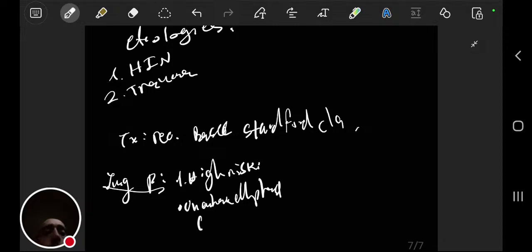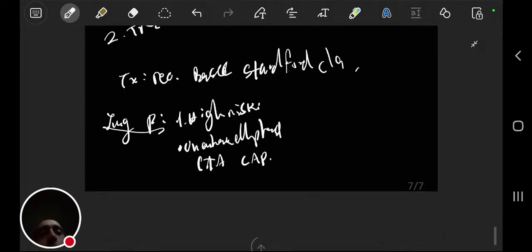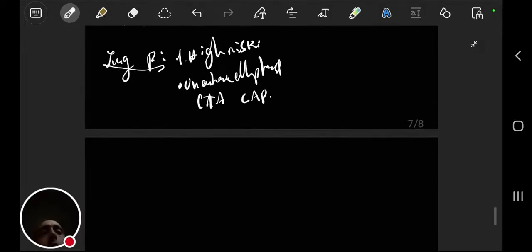After this, CTA of the chest, abdomen, and pelvis. This is for a high-risk patient. For a low-risk patient, CTA of the chest.